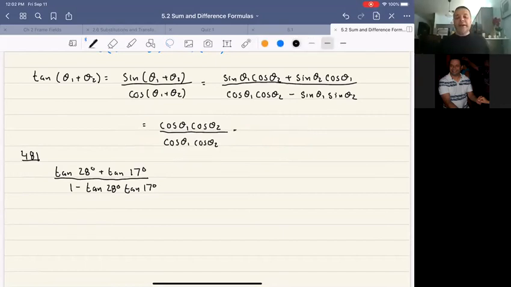Now, what is sine theta 1 divided by cosine theta 1? That's right, it's tangent theta 1. Plus, the cosine theta 2 just canceled. Now, what's sine theta 2 divided by cosine theta 2? That's tangent theta 2.